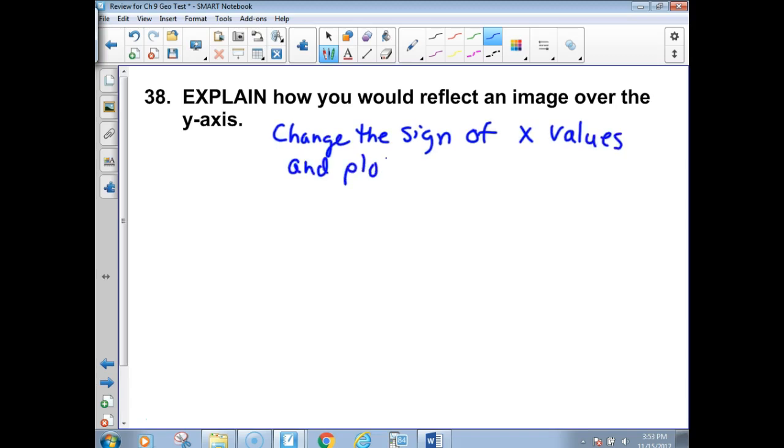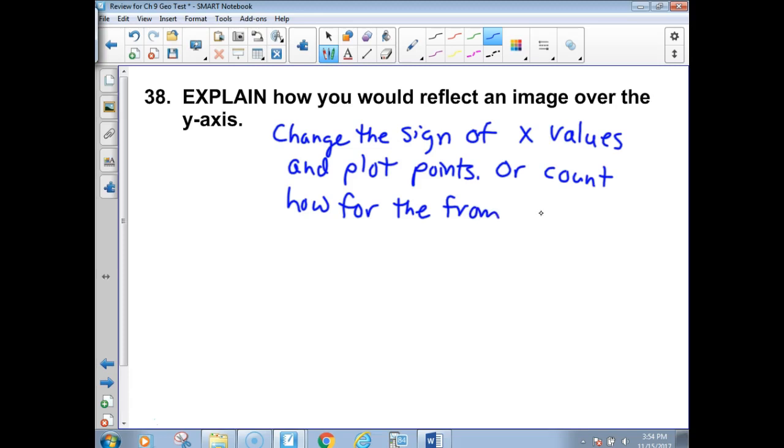Now, there's another way you could describe it. Or you could say count how far the point is from the y-axis and go the same distance to the other side.